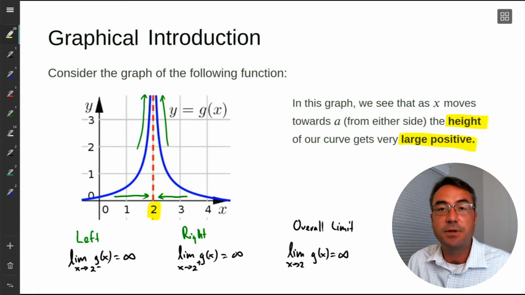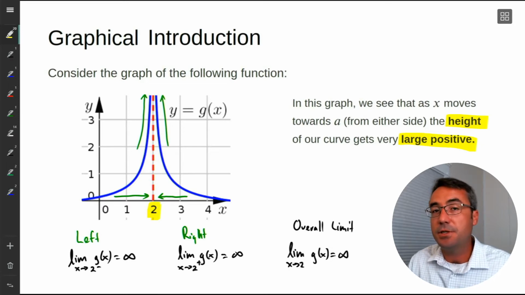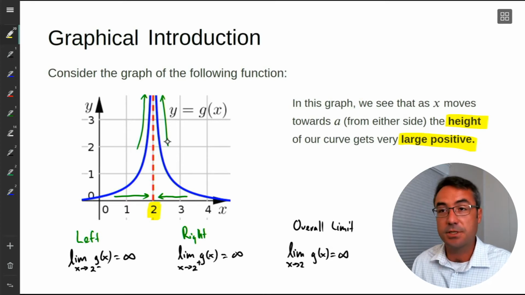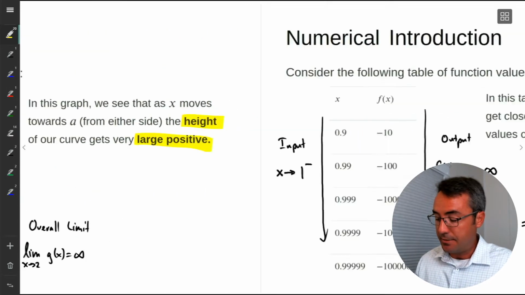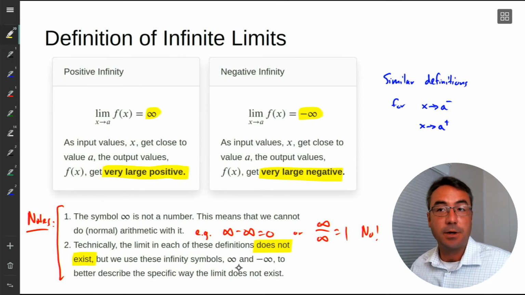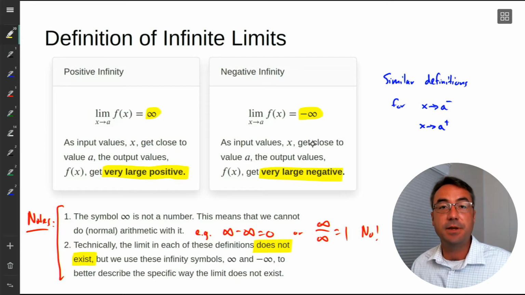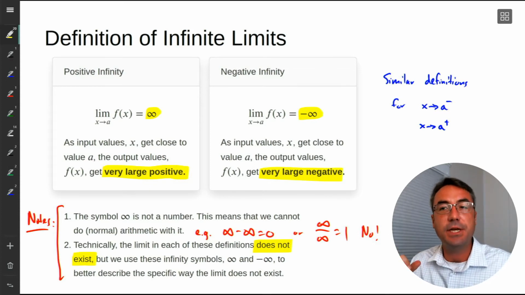So if we said the limit of a function does not exist, we'd have no idea of what the graph would look like. But if we say that the limit of our function is equal to infinity, well, there's a very specific picture in mind. It has to look something like this. So it gives us a little bit more information than just saying the limit simply does not exist. So if we can be more specific, that's what we're going to be. We're going to use infinity or minus infinity where it's applicable. Okay. So that's the definition, a little bit on the notation there as well.